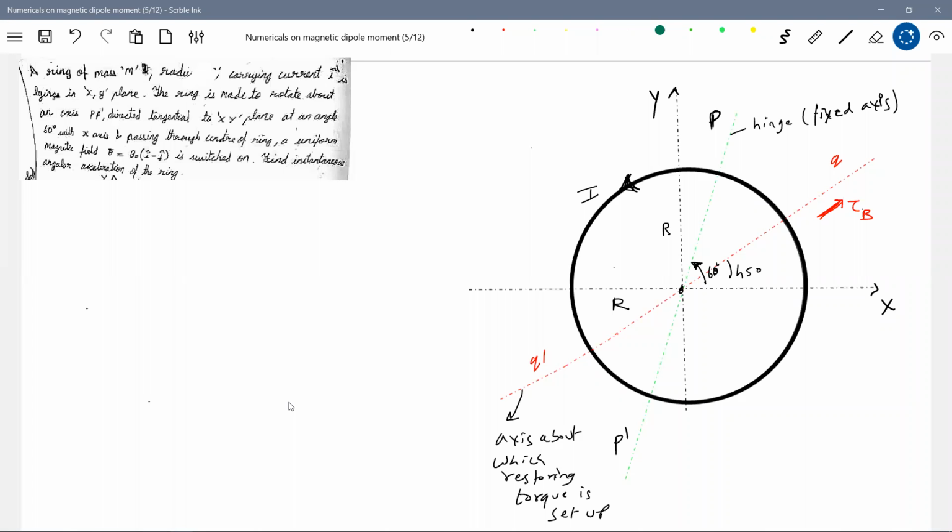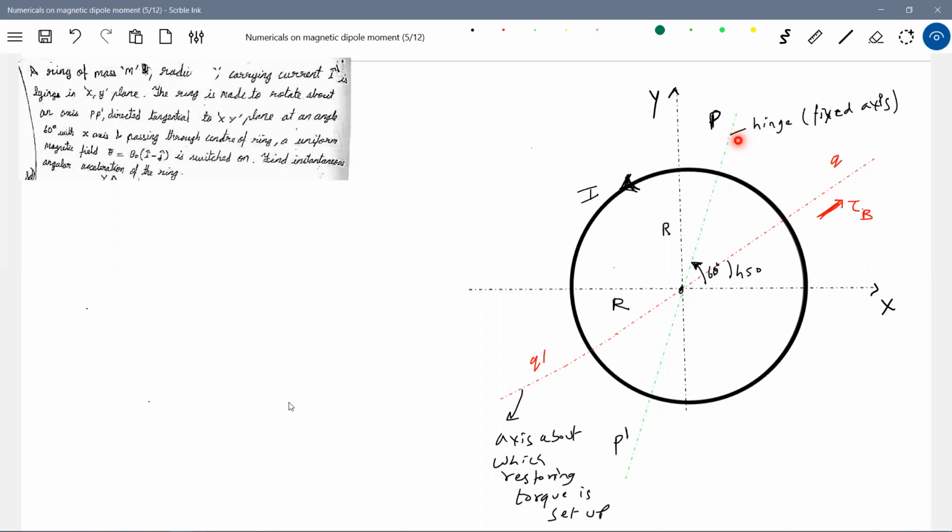Look at the green color, some data is also shown for you. First, we'll get into the problem. About this axis only, it is permitted to rotate.